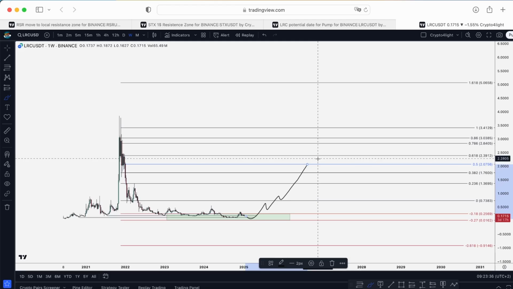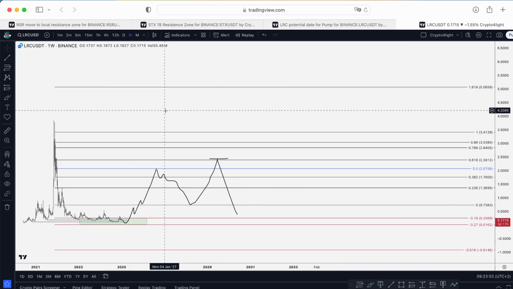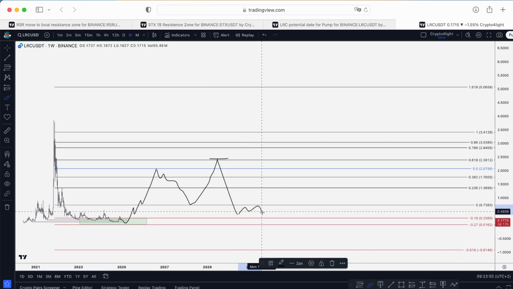I already explained to you. If, for example, till April, May 2025, we will be here, it's going to be the top for this token. We can form something like this one. Then in summer, bounce, hit again new high, and then drop into the bear market. And after another 3 years, we can consolidate like this one, and only after that we can hit new all-time high.